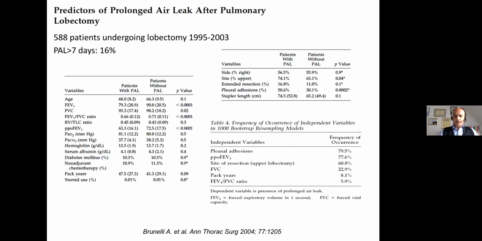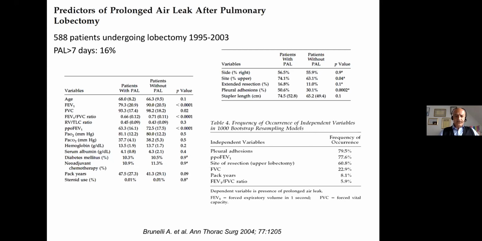But at the end, we were able to develop a model. You see here the bootstrap resampling statistics. The 3 most frequent variables were the presence of pleural adhesions, a low PPO FEV1, and an upper site of resection, like an upper lobectomy.